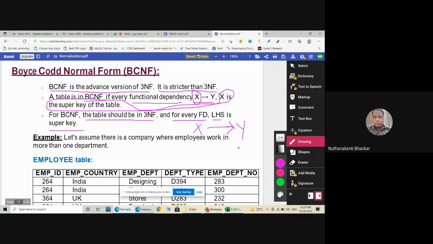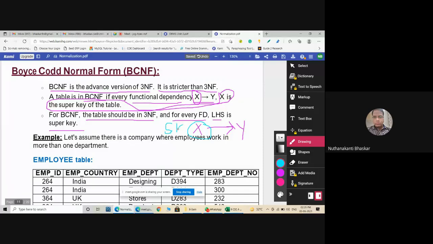If you write a functional dependency like this, X determines Y, in BCNF the LHS must be a super key. What is the LHS here? Any one of you tell me? In this relation, what is the LHS? X determines Y. X. Left-hand side. LHS is nothing but the left-hand side. Here X is a super key.